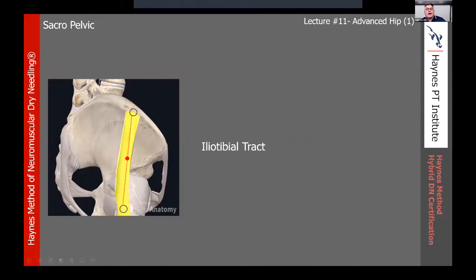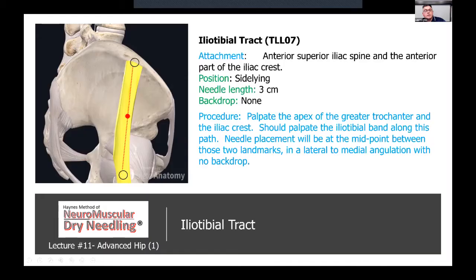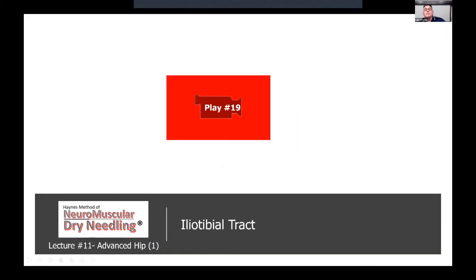For the iliotibial tract, will be the same as our needle approach for a direct approach into the IT to TFL. We'll find cranial most aspect of the greater trochanter, follow the IT band to the iliac crest. We'll find a midpoint and needle from lateral to medial.